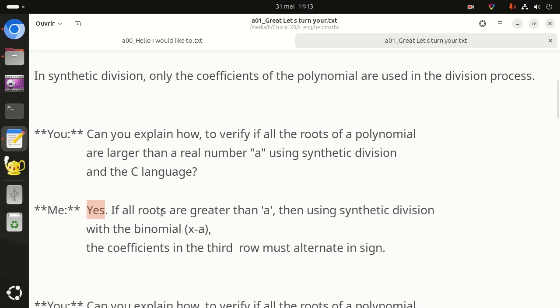If all roots are greater than a, then using synthetic division with the binomial x minus a, the coefficients in the first row must alternate in sign. The coefficient in the third row must alternate in sign.